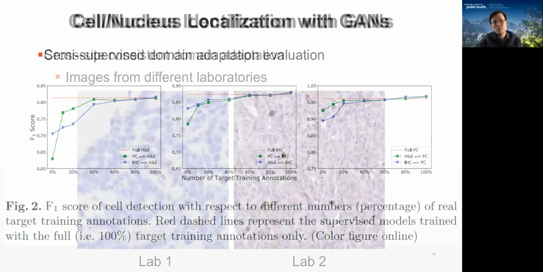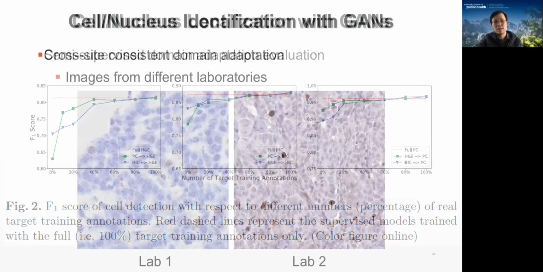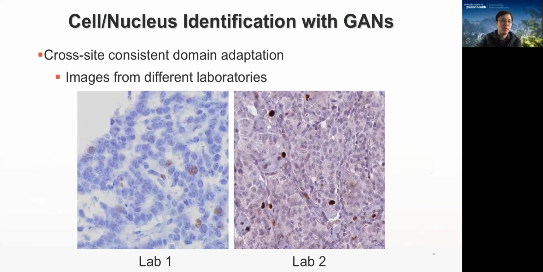And we also recently extended this work to cross-site consistent domain adaptation for cell detection as well. We apply this model to data sets from different labs, even though the images come from the same tissue, as shown in these two images. Both of them are from the pancreatic tissue, but they look very different because of the inconsistent imaging process or different devices.